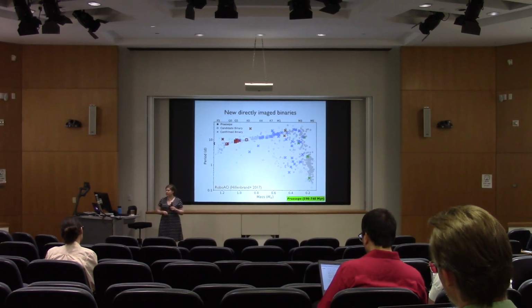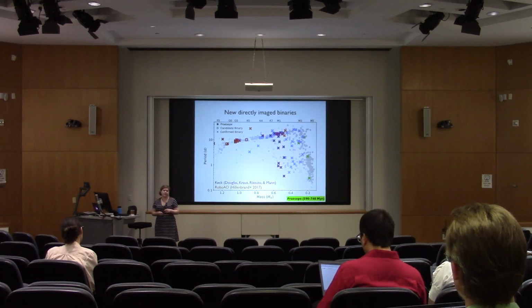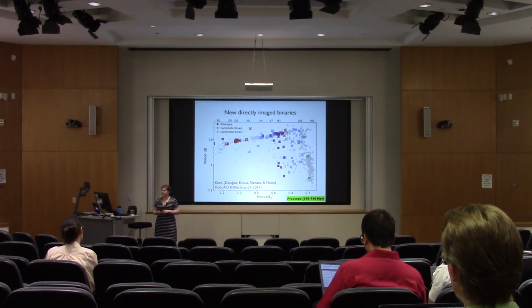RoboAO has added a handful, Hillenbrand 2017. And finally, I've been working this past year, or we did the observations in December, of a Keck AO survey of early M stars in Praesepe that I've been working on with Adam Kraus, Aaron Rizzuto, and Andrew Mann.